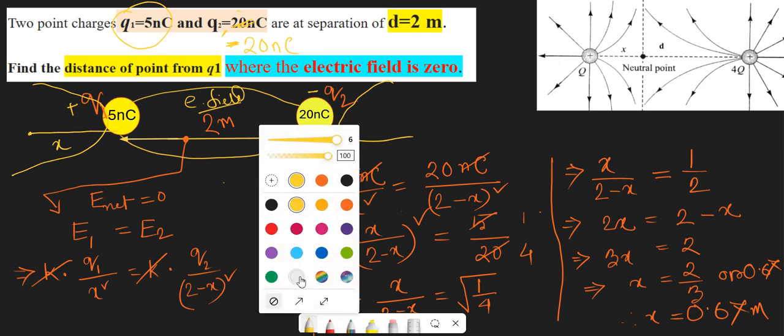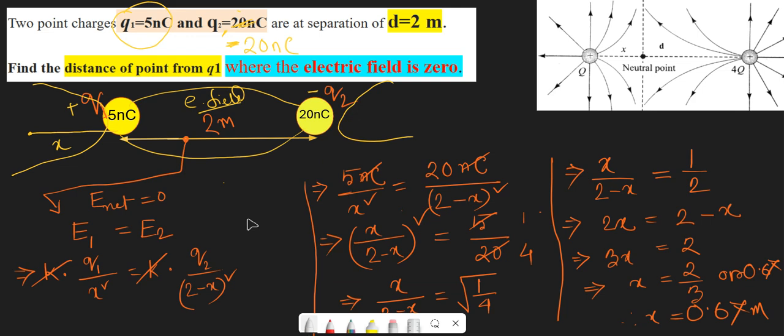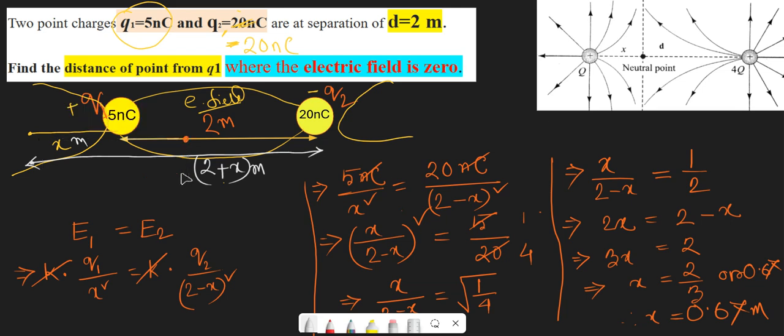It means from Q2 to this point the distance will be 2 plus x meter, and this one is obviously x meter. So at this point the electric field will be 0. It means here the net electric field will be 0.